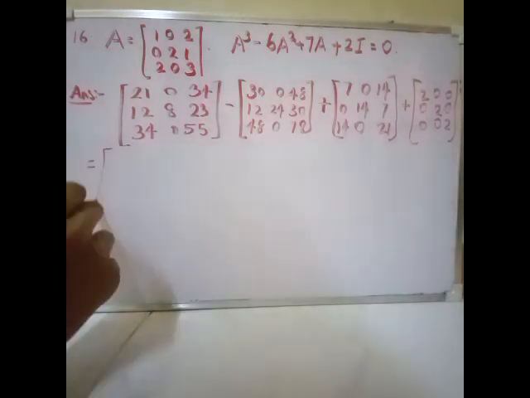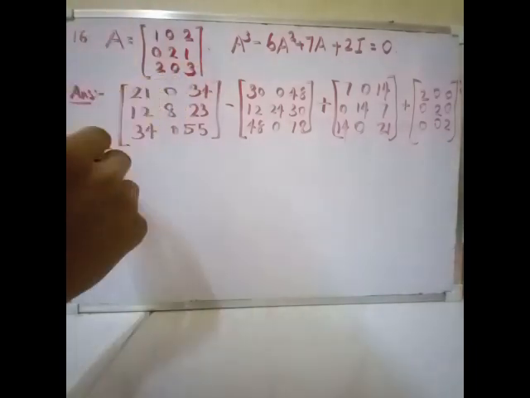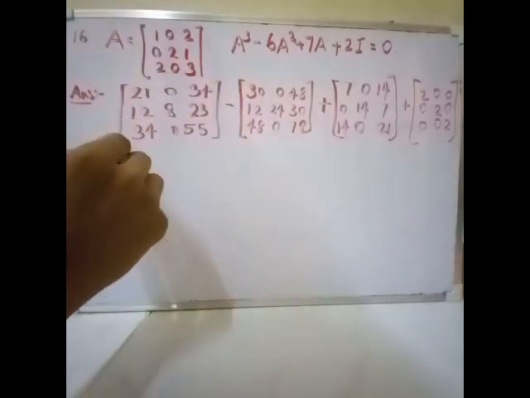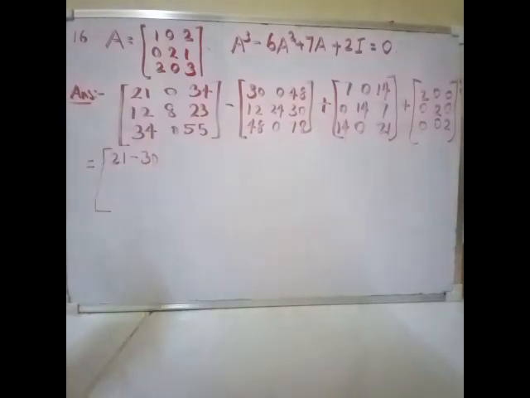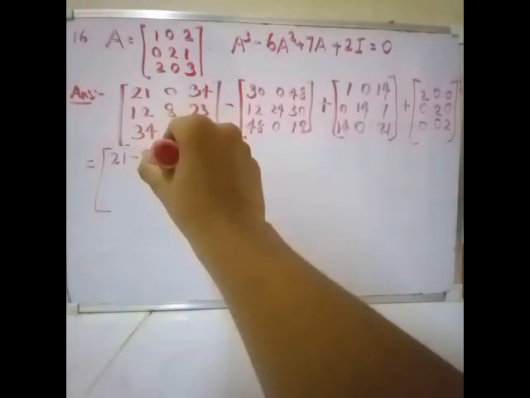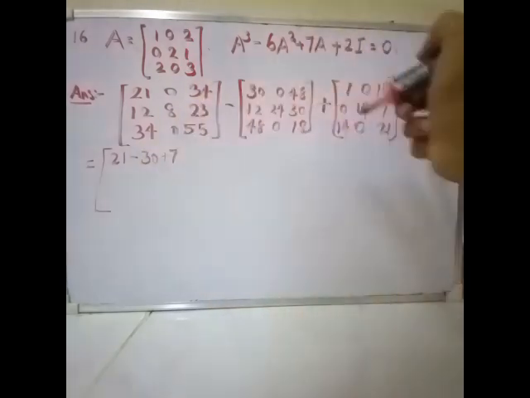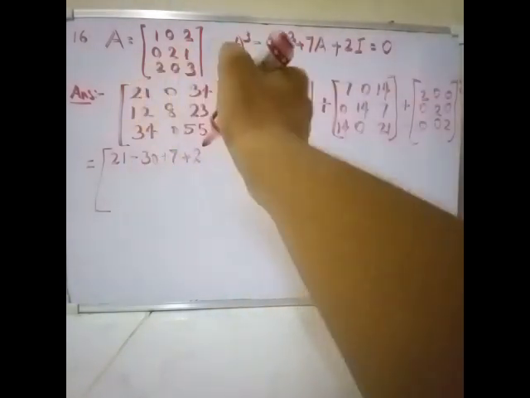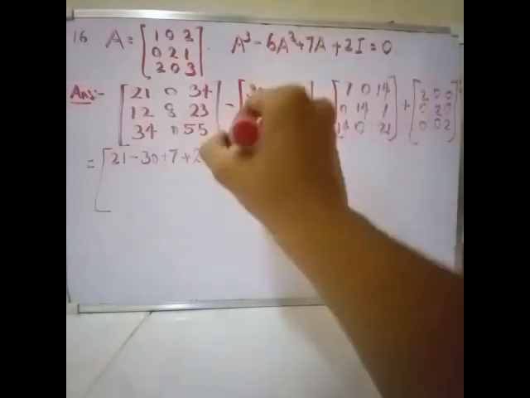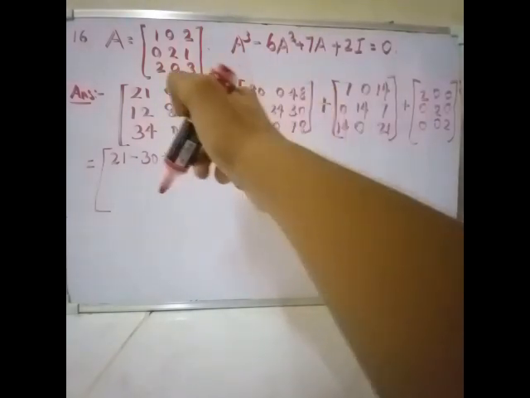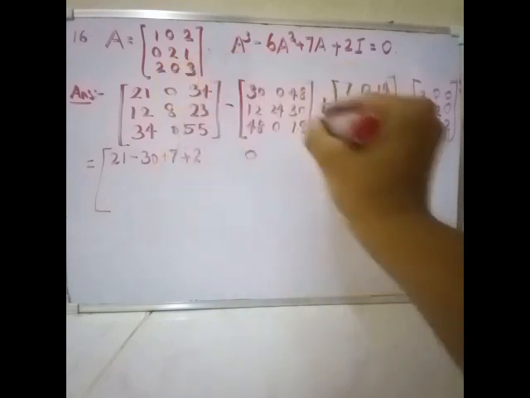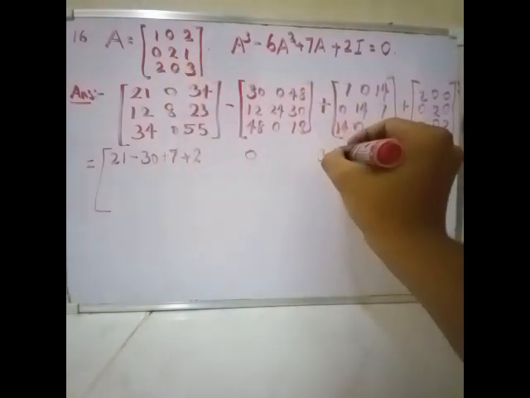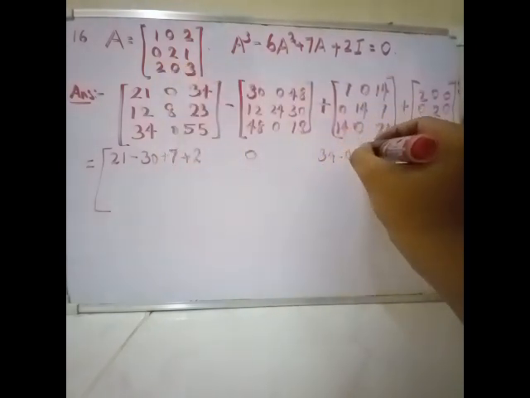So the corresponding elements of each one, you have to do it together. So 21 minus 30, then plus 7, then plus 2, right? Now 0 0 0 0, so it would be 0. Next 34 minus 48, right?